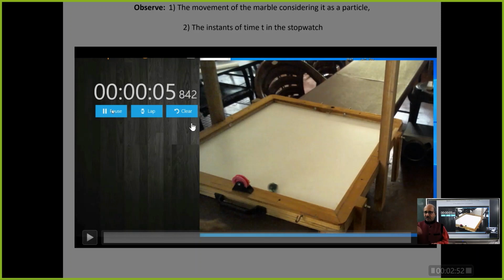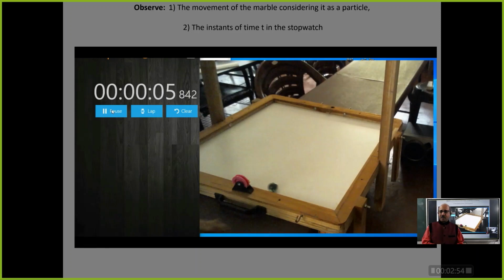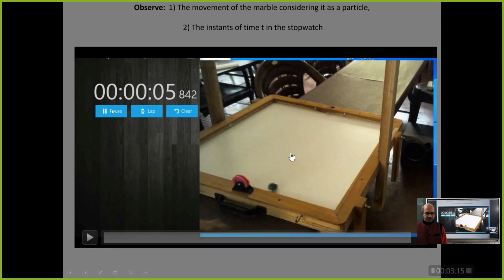You see, it is the positions the body occupies when it is in motion, and you should also keep an eye on the timer. At what time, at what position it is, right? So all these things are involved. Now, to begin with, all of you enjoy this motion, right?